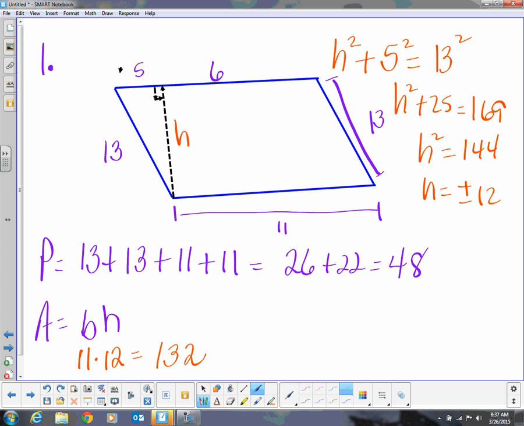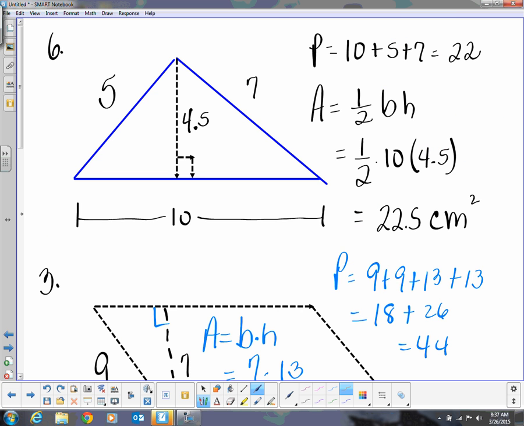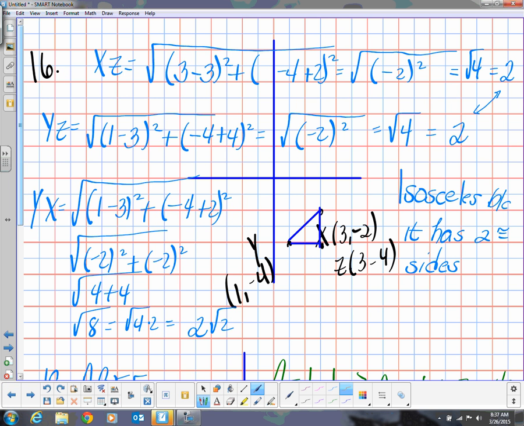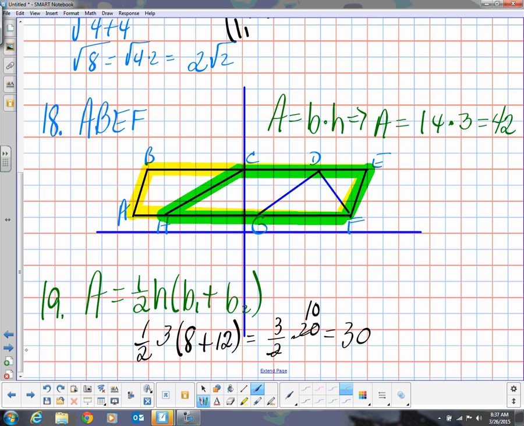Any others? Have we done them all now? 17? No, we didn't do 17. So let's go back and look at 17. It's on graph paper. 17 is GDF. So let me highlight that with a different highlighter. We've got GDF. What figure is it? It is a triangle.